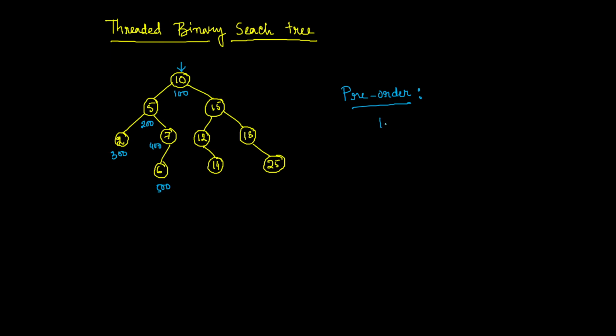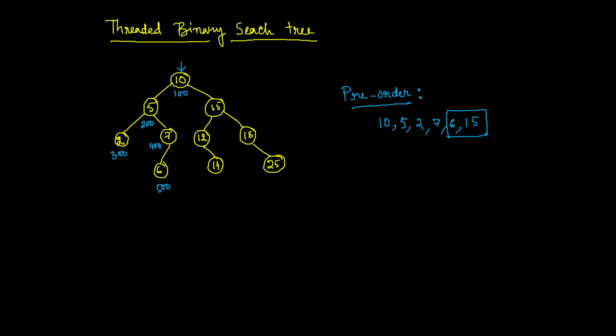Obviously, I will start from 10, because in pre-order the node is visited first, I mean printed first, then its left, then its right. So 10, then 5, then 2, then 7, then 6, and then 15 will come. Now this part is very important: 6 to 15. Why have I marked it?